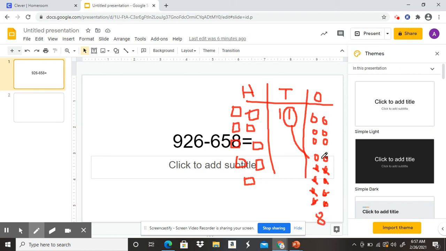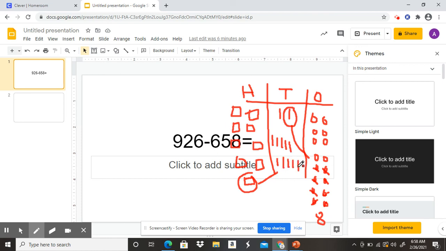Now that I've worked out my ones, I'm going to move to my tens. In my tens place in 658, I have 5. Do I have 5 to give here in the tens? No. So I have to go next door, bust up this 100, and it gives me 10 more tens. So that's 1, 2, 3, 4, 5, 6, 7, 8, 9, 10.